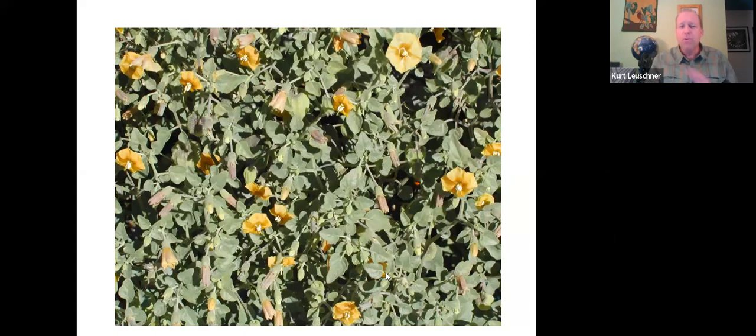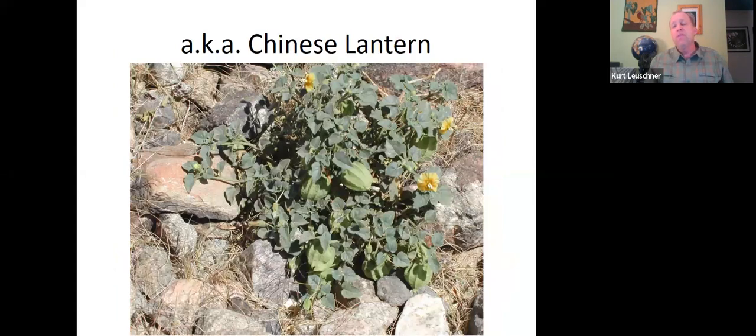So it grows kind of like a shrub, and it's very, very dense, like you see here with these kind of yellowish green flowers. And once the flowers go to seed, they form these cute little lanterns.